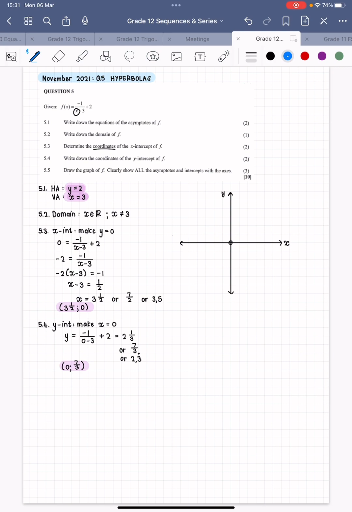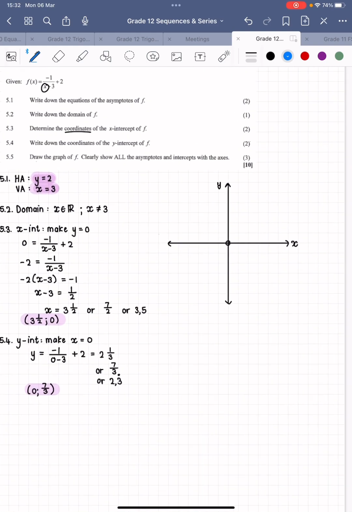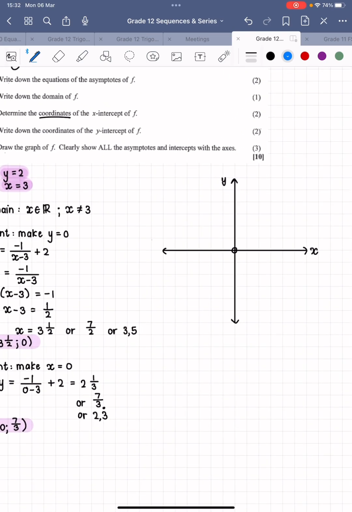Alright, now the first thing that you're going to do once you've set up your axes is you are going to draw in your asymptotes. That's always the very first thing that you do. So we have to draw in y equals 2. So I'm going to go to 2 on my y-axis. I'm going to label that as y equals 2, and then we're going to go to x equals 3.